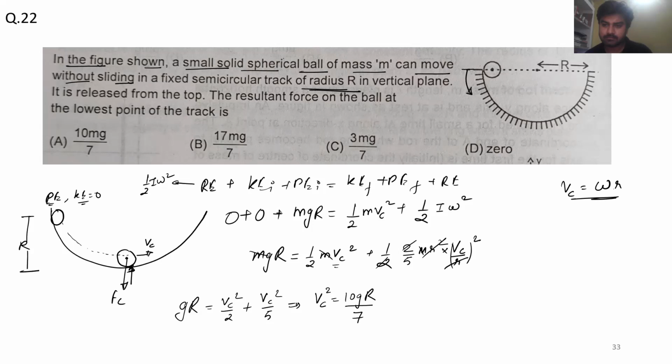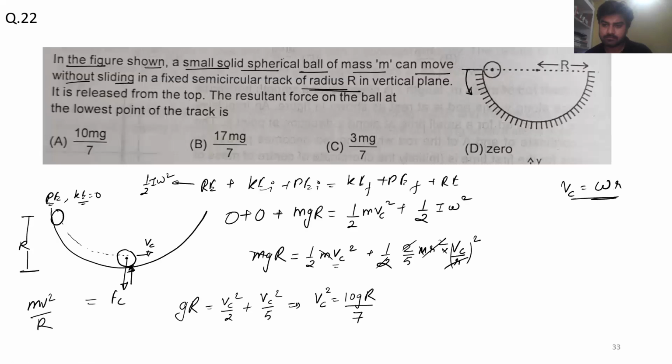Now what is asked in the question? The resultant force. So the resultant force is mv square by r, where r is the radius. Let's do it in another slide.